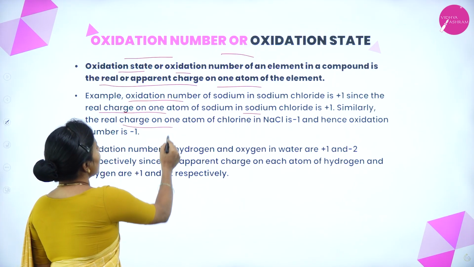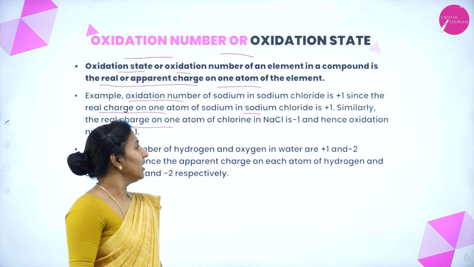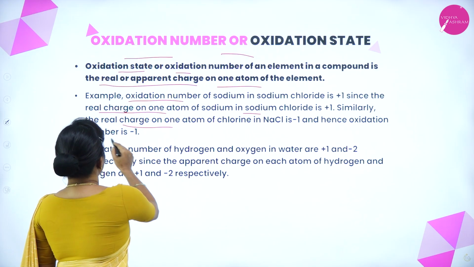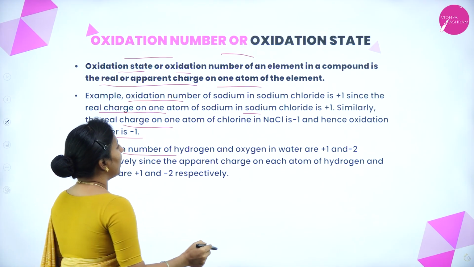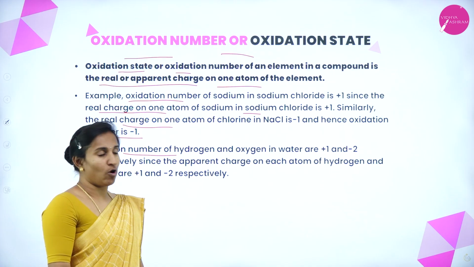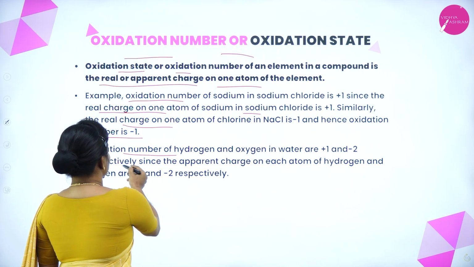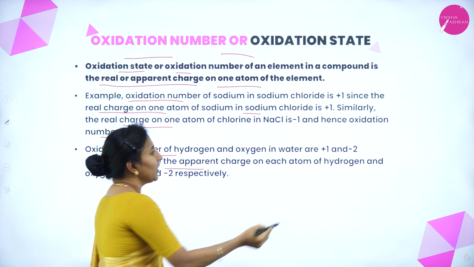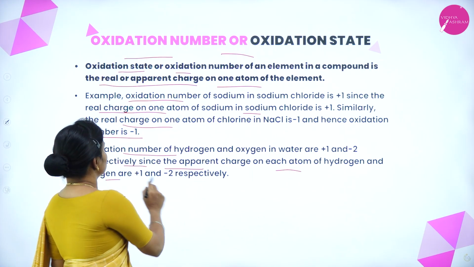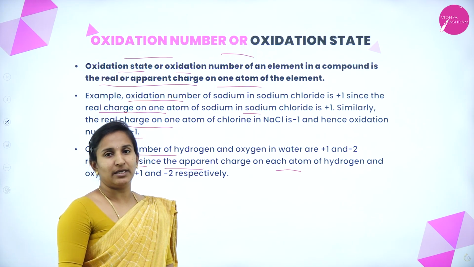Similarly, the real charge of the chlorine atom is -1, hence the oxidation number is -1. Oxidation numbers of hydrogen and oxygen in water are +1 and -2 respectively, since the apparent charges on the atoms of hydrogen and oxygen are +1 and -2 respectively.